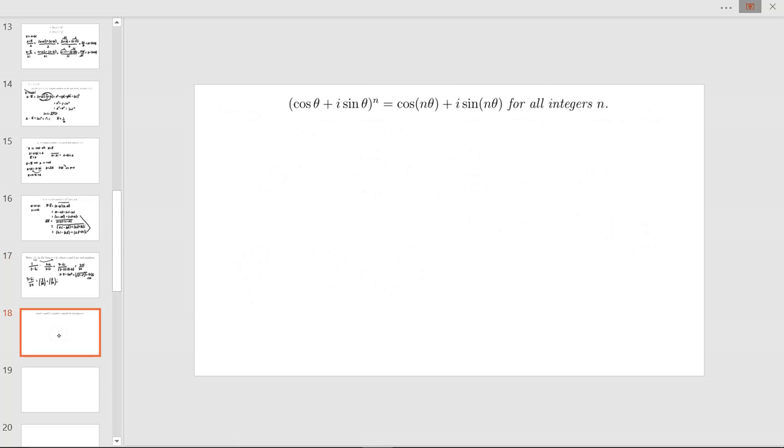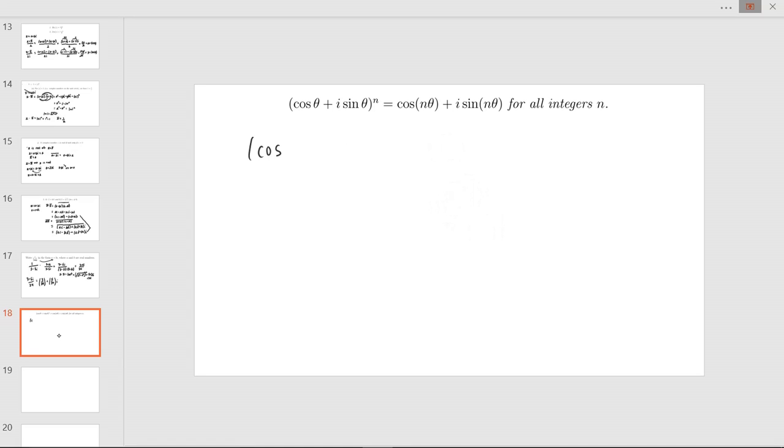So now we will move on to De Moivre's theorem. This theorem tells us that when we raise a complex number to the power n, we get a complex number whose argument is n times what our original complex number's argument was. De Moivre's theorem can be proved using induction.